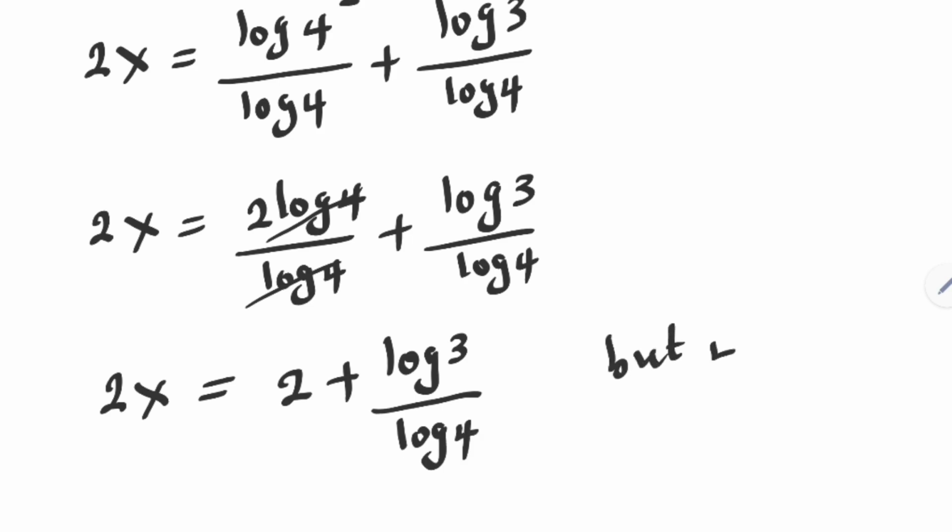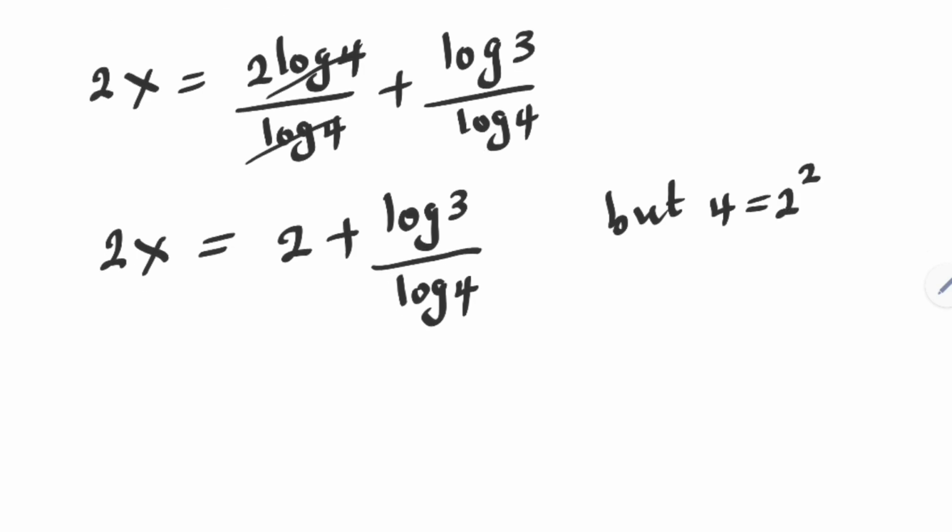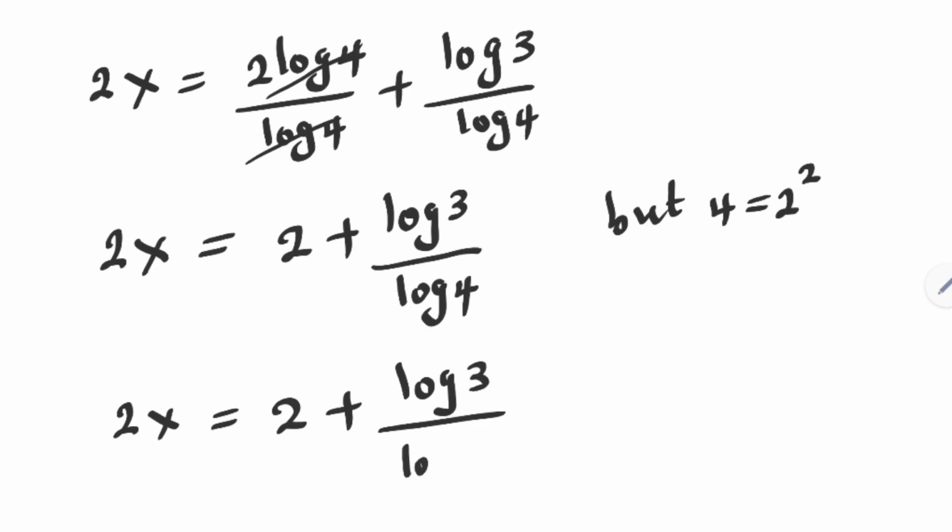But 4 is equal to 2 square. 2x is equal to 2 plus log 3 divided by log 4, which can be written as log 2 square.